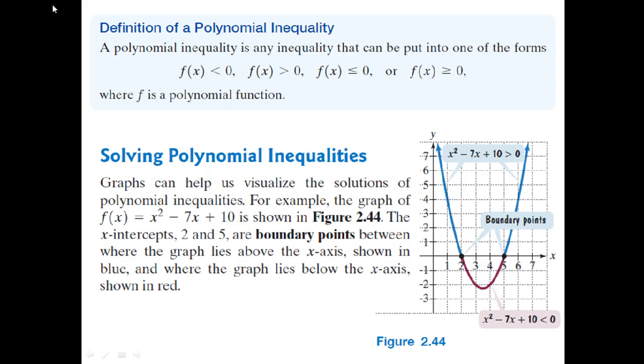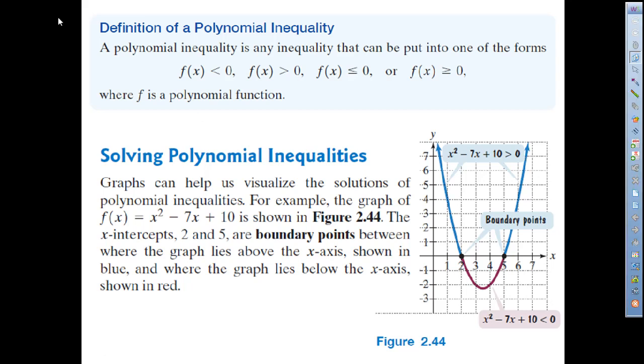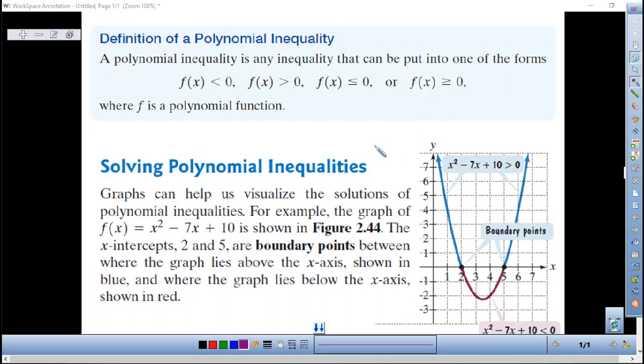Let's say that's the function we're dealing with. So we're dealing with this function right here, and we can look at the graph of this and visualize what greater than 0 would be and what less than 0 would be.